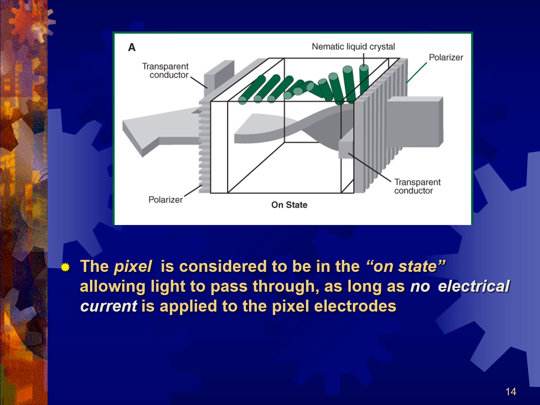I will do my best to not quiz you on that nuance on the test, but he's saying that when you pass current through this transparent conductor that's passing an electric charge from the polarizer into the goo, if you're not passing electricity, then light can come through.